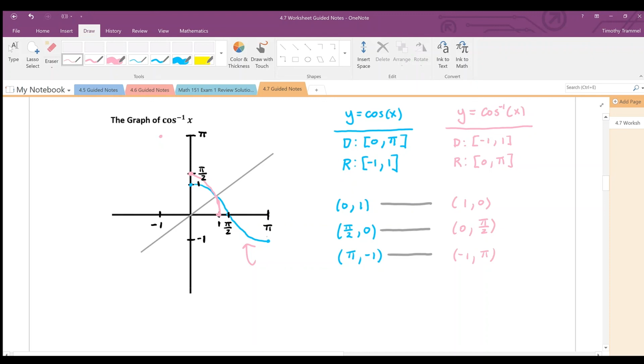And so this one, it's got to travel a little bit further to be reflected across the line y equals x, but it should look something like this. And you can check on your calculator, and what you'll find is this is what the graph of cosine inverse looks like, this pink line here.